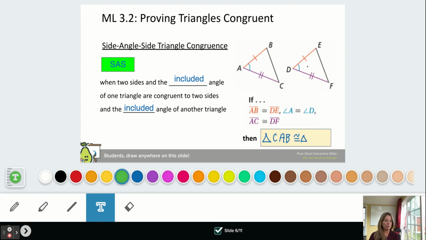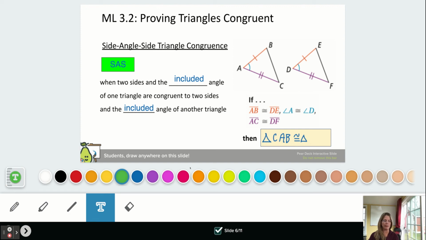And we can see this in pictures, or maybe they'll give us a statement. In one triangle, side AB is congruent to side DE. Also, in the first triangle, angle A is congruent to angle D, and side AC is congruent to side DF. Then we know that these triangles are congruent by side, angle, side.